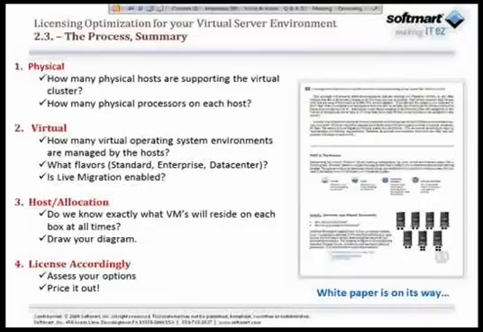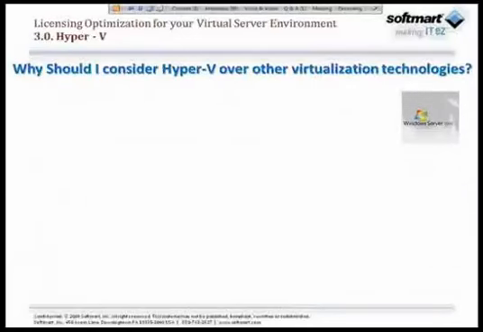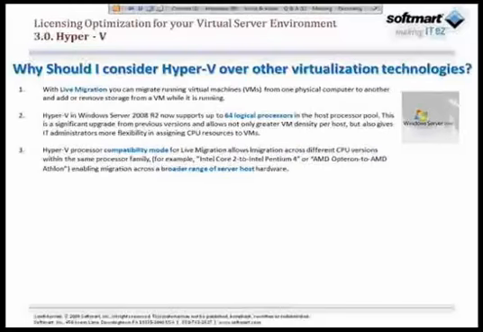Let's talk a little bit about HyperV, and I'm not going to go too in-depth here. I'm not a technician, so I'm not going to talk a lot about the technical aspects of it. A couple things that I want you to know, though. HyperV is a maturing product, right? VMware tends to be sort of the industry standard, and even Microsoft has acknowledged that.